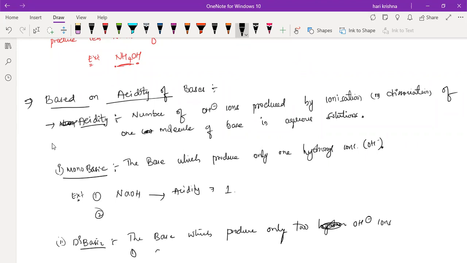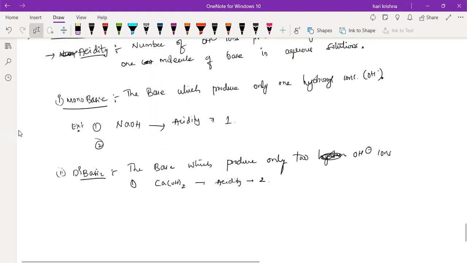You can write the calcium hydroxide here. So one more example. You can take the group number 1. All will form monobasic bases only. Sir, magnesium hydroxide, dibasic.